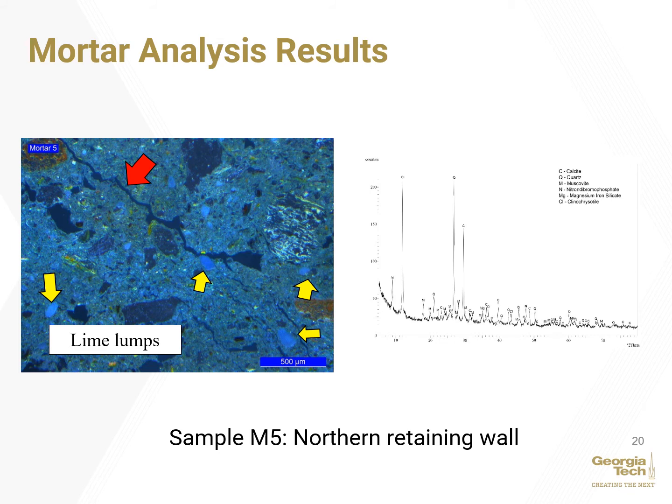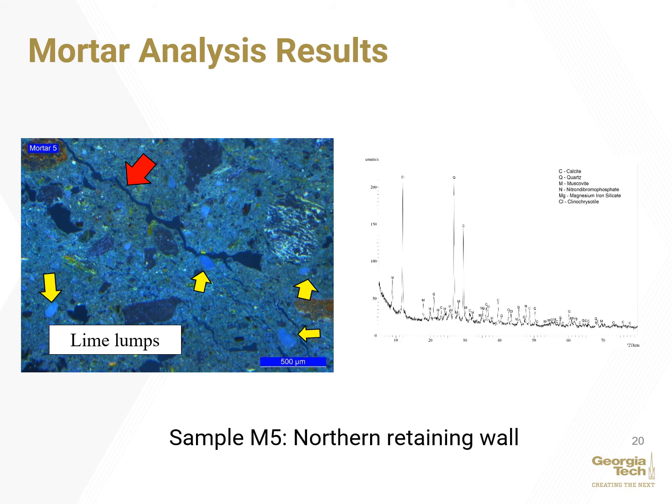XRD also shows a difference, weaker peaks for calcite and stronger peaks for quartz. And the interesting appearance of clinochrysotile, which is common in the Antalya region, was also seen.